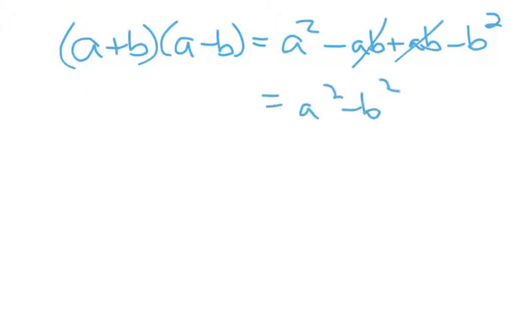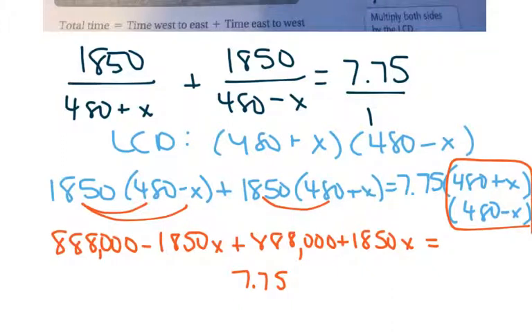So I'm going to use that fact to multiply these two together, and I'm going to get whatever 480 squared is, which apparently is 230,400 minus x squared. Now I'm going to distribute the 7.75.